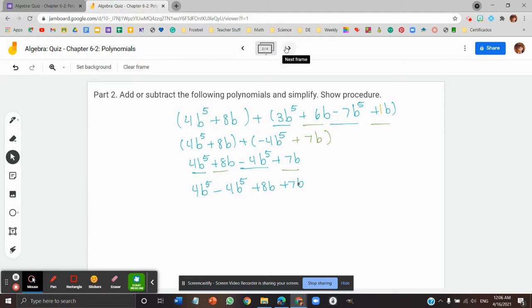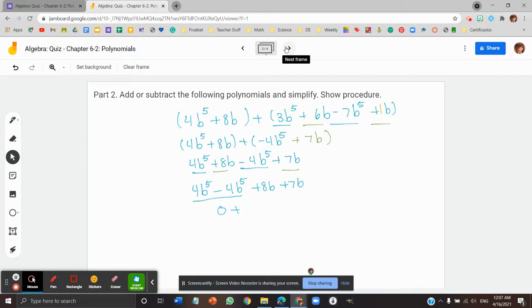And you know something, how much is 4? I can combine those two, right? 4 minus 4 is 0. And 0 times b to the 5th is 0. Therefore, all of that is just going to be a big 0. I can even cancel them if I wanted to. 0 plus 0 plus.